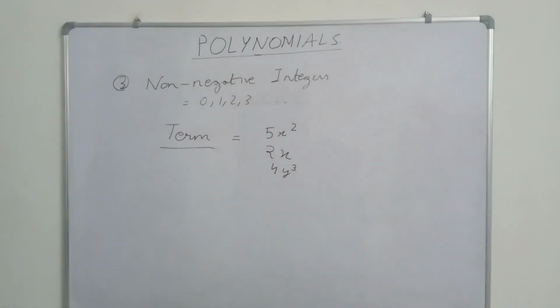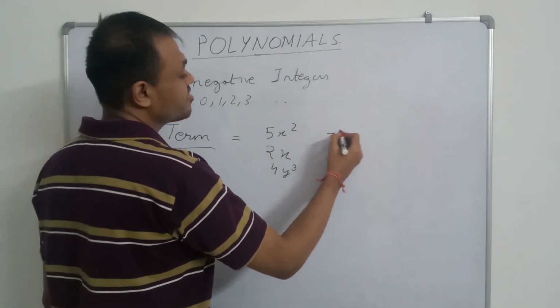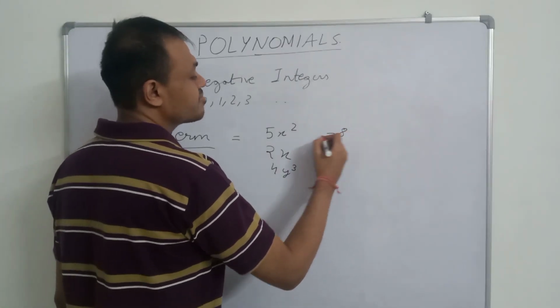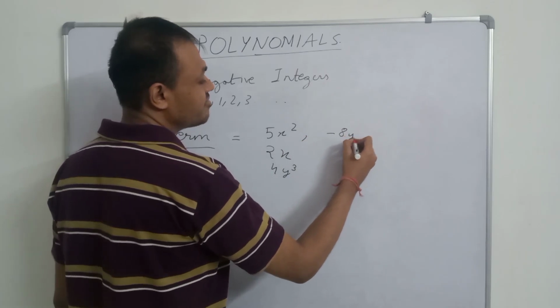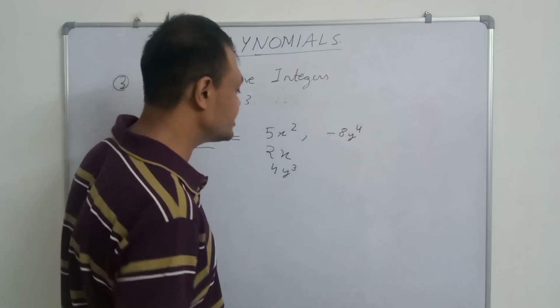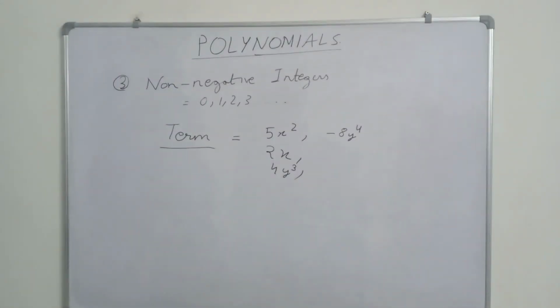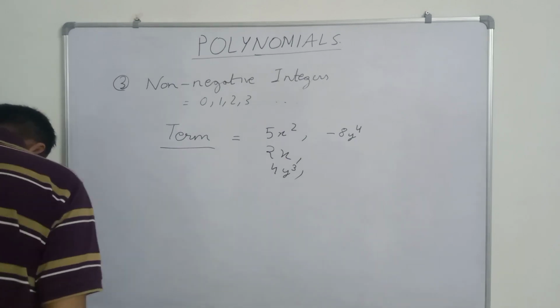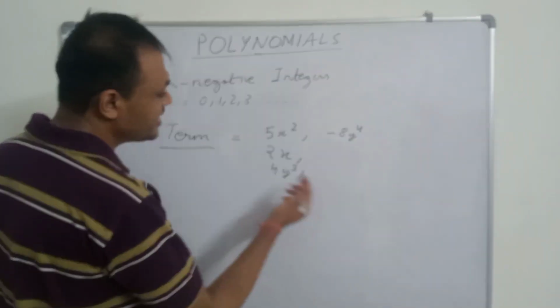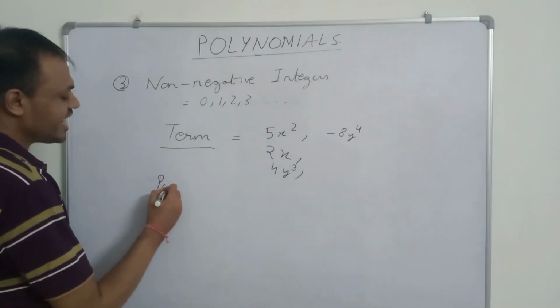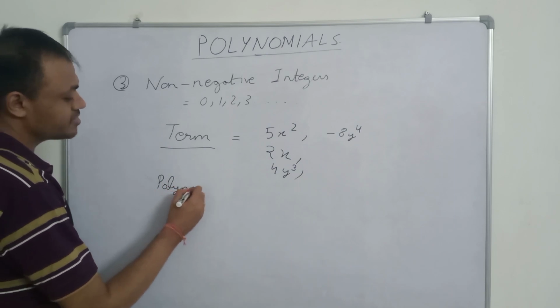These are made of constants, variables and non-negative integers. -8y to the power of 4. This is also a term. So 5x square, 2x, 4y cube, -8y to the power 4, these are all terms.